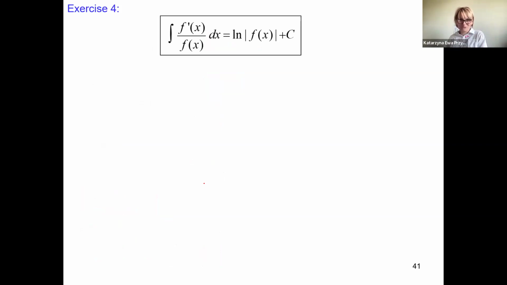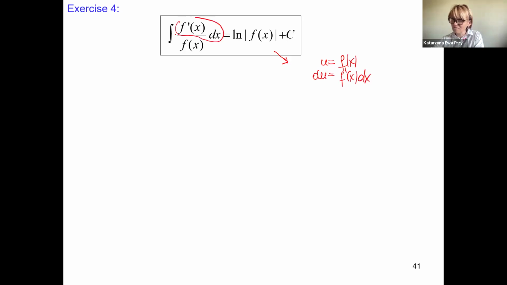That's the formula. That means we may use the u substitution, but sometimes it's nice to figure out when we see a rational function in the denominator and its derivative is on the top, then this integral is natural log of the function from the denominator. Basically, when we let u be that function, then derivative of u is f prime of x dx.